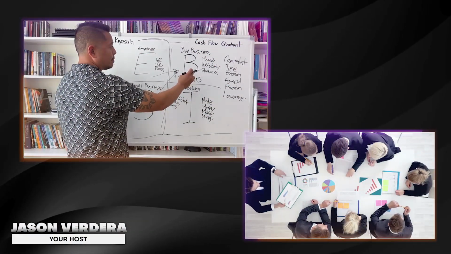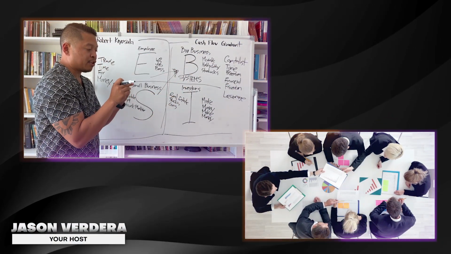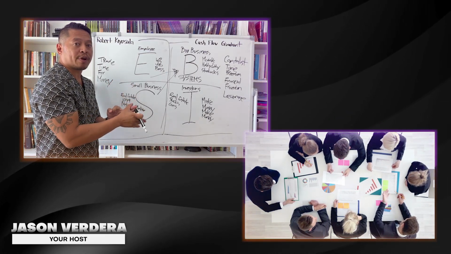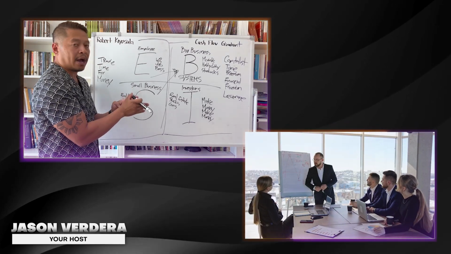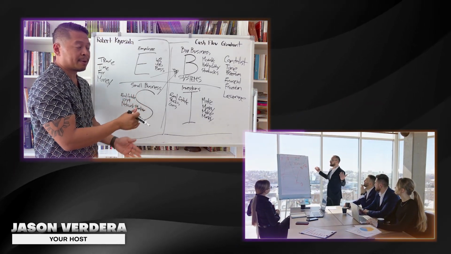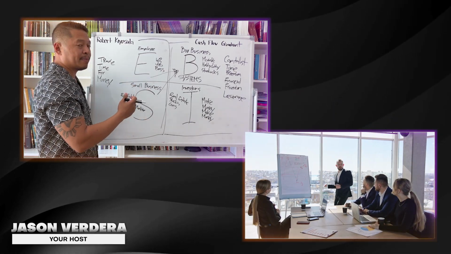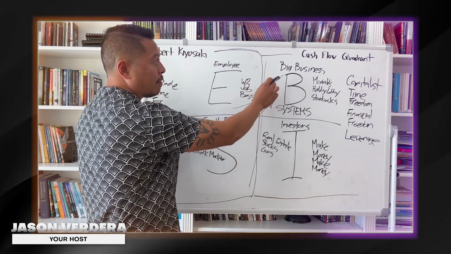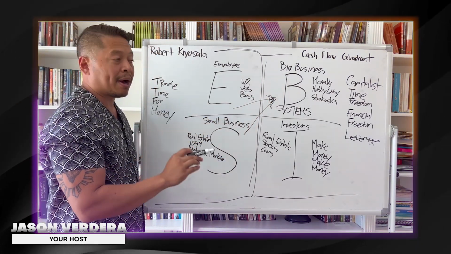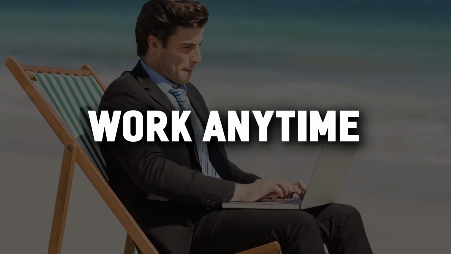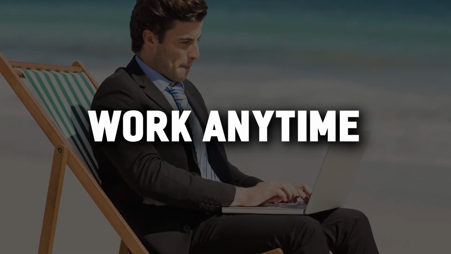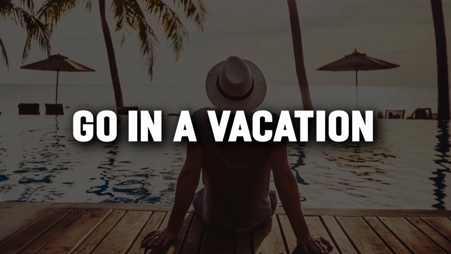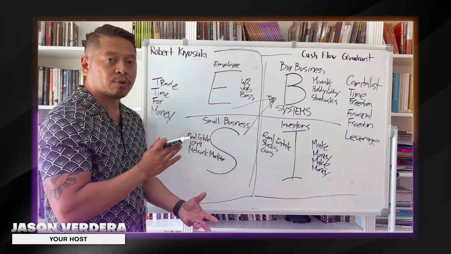A big business has a system that does the manufacturing, the shipping of the product, all of the overhead, all of the hiring, and that has all of the employees and pays them. There's a system in place that does all of that work so that the owner of the big business just monitors the system. Then the owner can take whatever time they want and go on a vacation, and even while they're away, the business runs like a well-oiled machine.